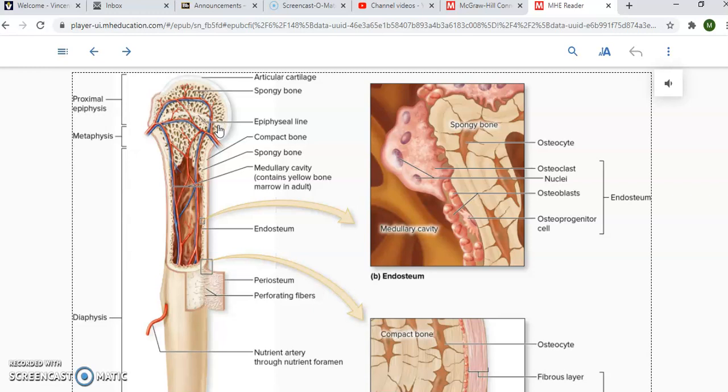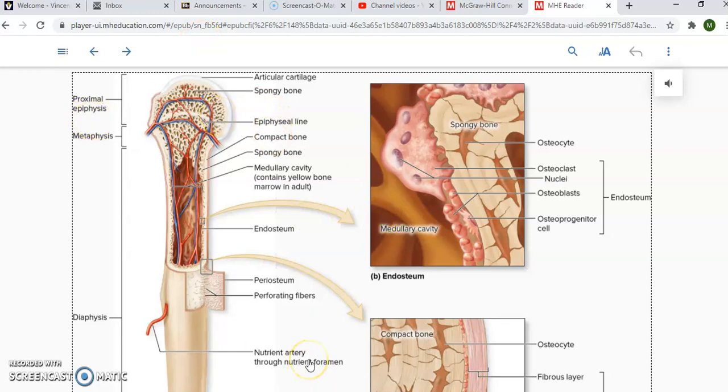After the person has reached their height, the epiphyseal plate that's made of cartilage will then be converted completely into bone. And you can actually see a line, like the remnant of that, where the growth plate or epiphyseal plate was and where the growth of the long bone occurred. So that's the epiphyseal line.